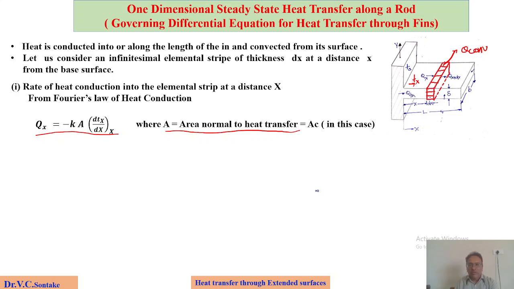For rectangular fin, and for circular fin as well, it will be the cross-sectional area Ac. Isn't it? This is the area which is normal to the heat transfer. So qx will be minus k Ac dT(x) by dx at the distance of x. This is the rate of heat conduction into the elemental stripe. Let's say this is equation number 1.